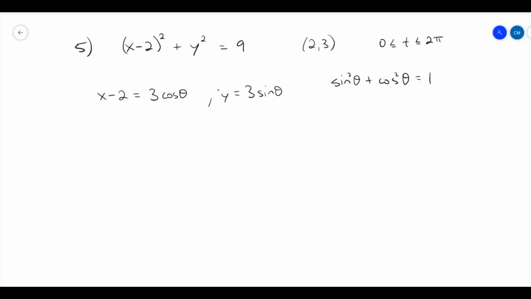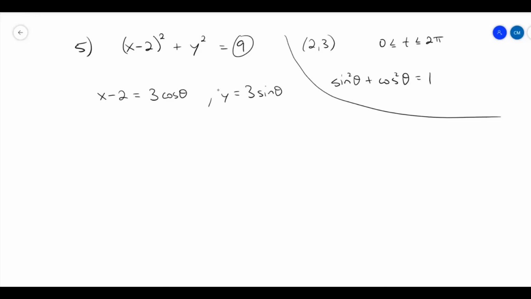Okay. So why did I do that? What's the thinking behind this? Well, for one, I'm looking at what's on the right side there. That is like the radius of this. In fact, this would be a circle, I think. So this would be the radius of that circle. Yeah, it's a shifted circle, shifted 2 units to the right, and radius 3.